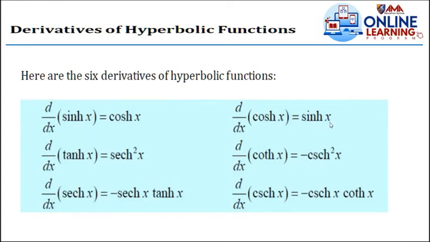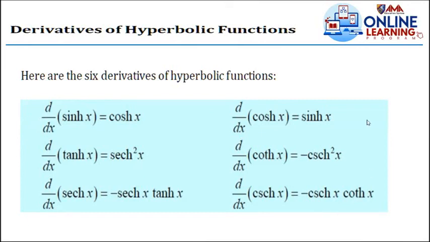But for hyperbolic, this one is positive. Derivative of cotangent h x is equal to negative cosecant h squared x. And the derivative of cosecant h x with respect to dx is equal to negative cosecant h x multiplied by cotangent h x.